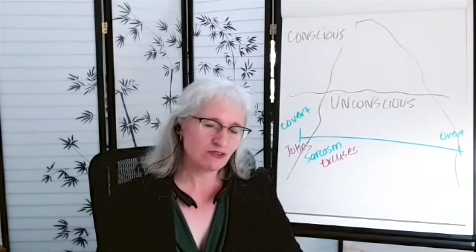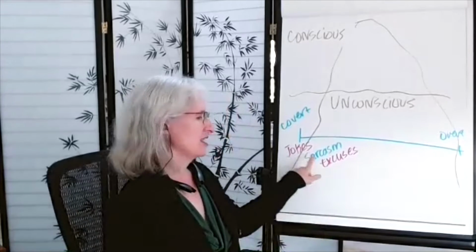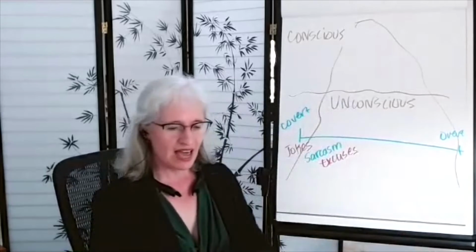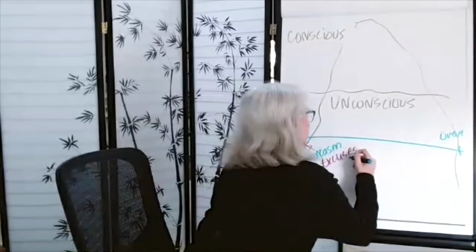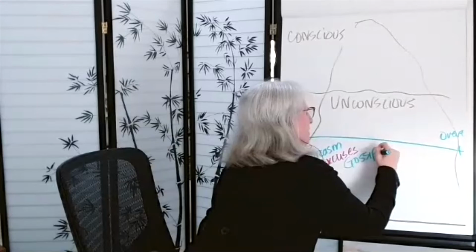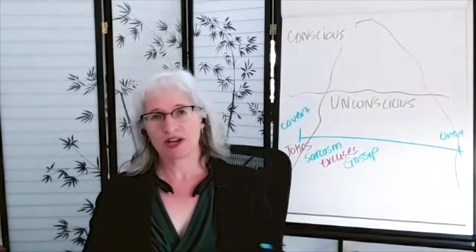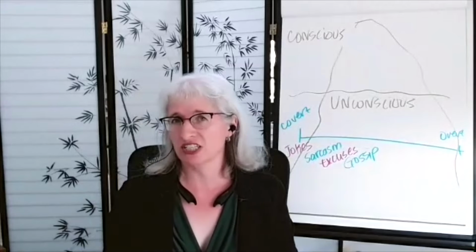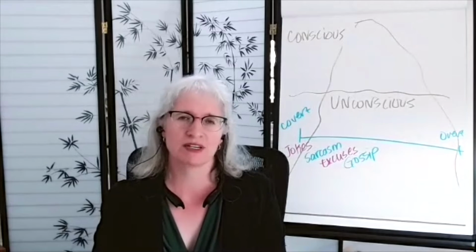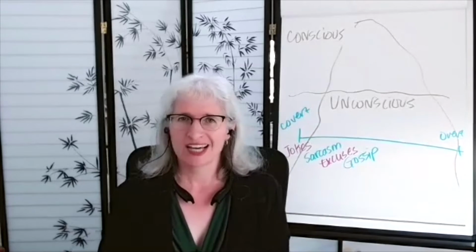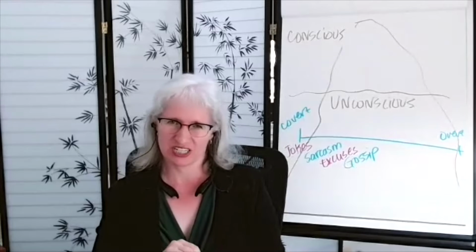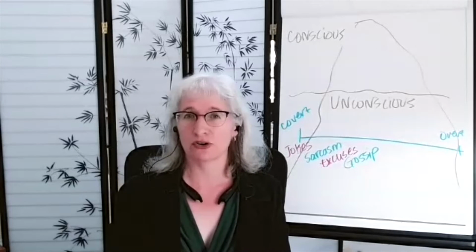So now let's move on to the next phase in the resistance line, and that is gossip. Now, everybody gossips sometimes. It can be a great way to just vent, let off a little steam, but sometimes gossip can be really harmful. It can be harmful when it's got a little bit of viciousness to it and it's designed to hurt.